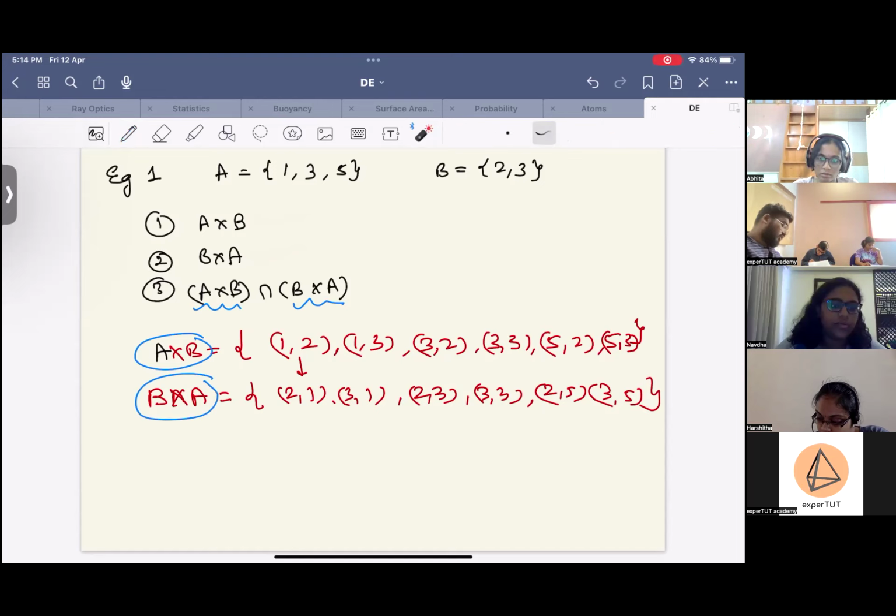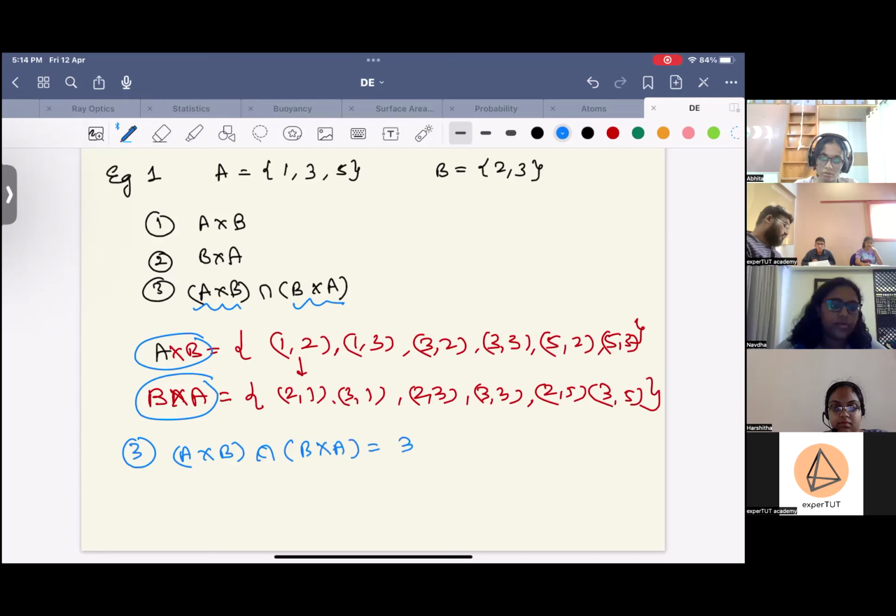I think 3 comma 3 is common, and nothing else is common. So the answer for the third one, A cross B intersection B cross A, is just 3 comma 3, and should be in curly brackets.